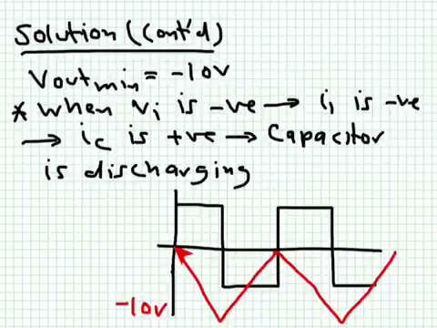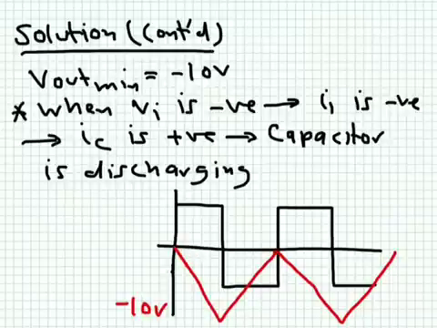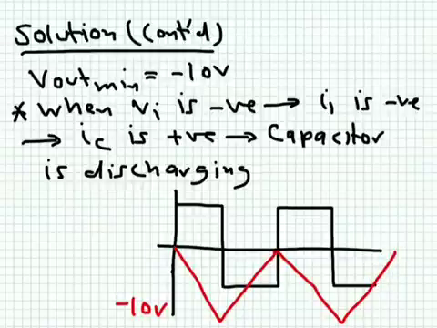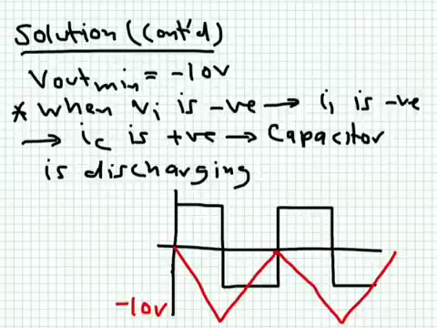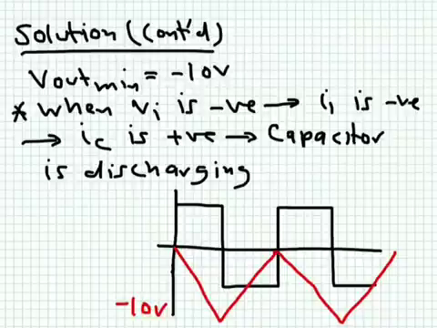So this circuit creates for you a triangular waveform that oscillates between 0 and minus 10 volts, like that. Okay, the capacitor is charging and discharging, charging and discharging. And remember, the negative sign indicates here that the output is the negative of the voltage of the capacitor.